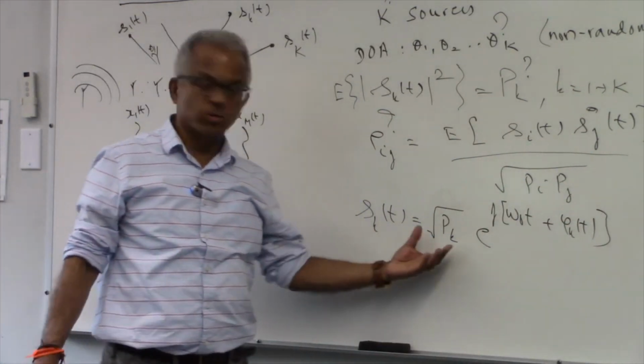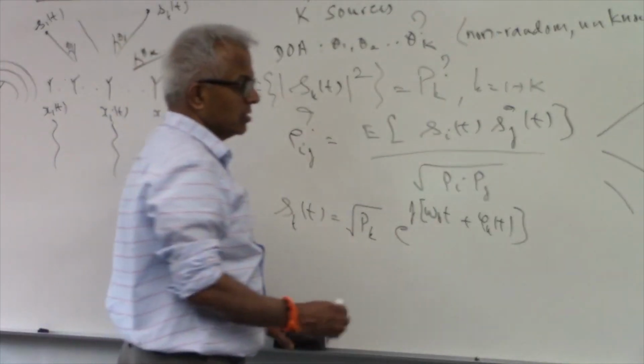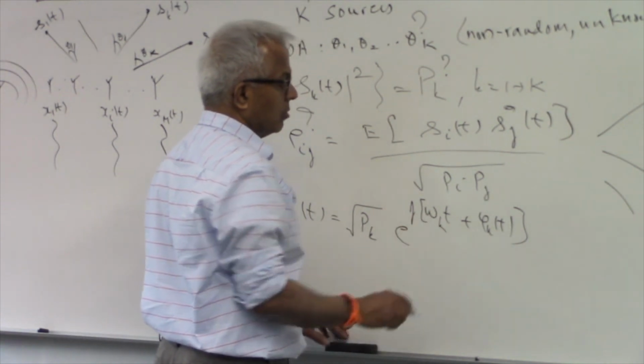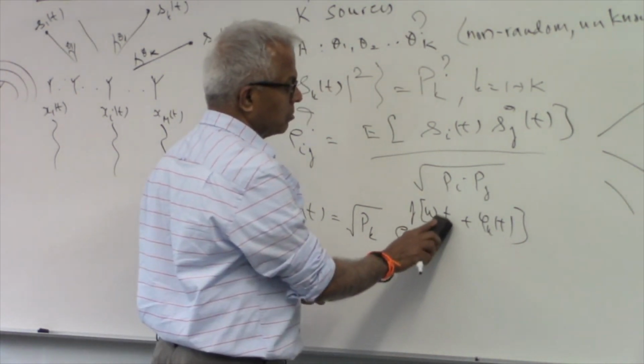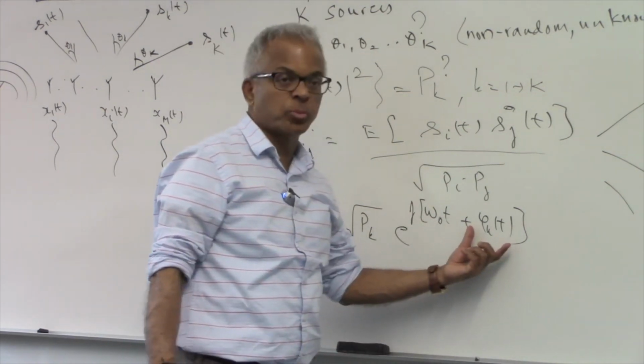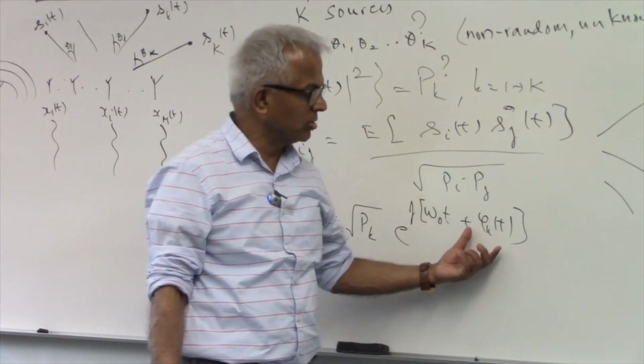Here, of course, you can see the absolute value squared is P_k. This is at some carrier omega_k or omega naught, some common carrier. Around that, the information is spread out, like a phase modulated signal, as in voice and so on.